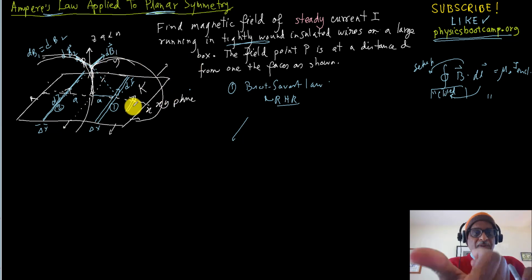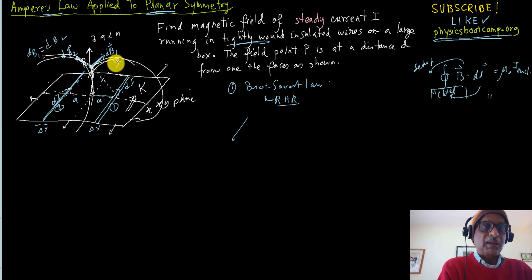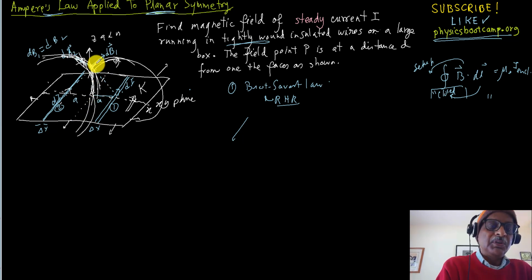I do the right hand rule, and so it's going this way, and then the right hand rule from here going that way. So actually I did not do it right. So this one is that way and this one is that way.